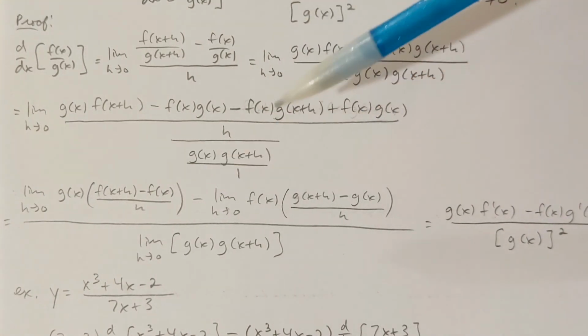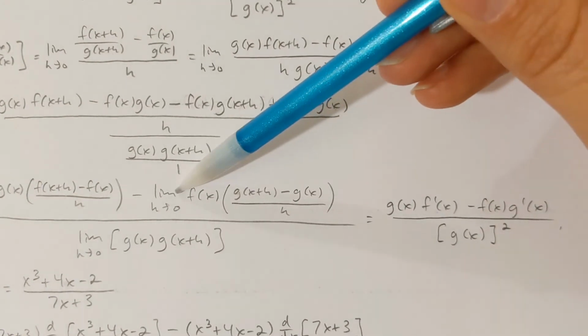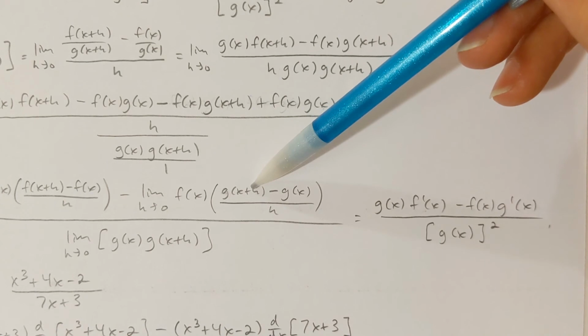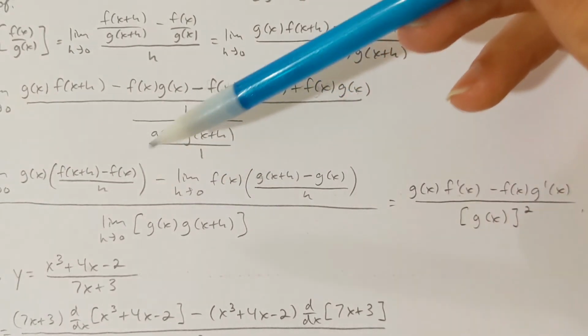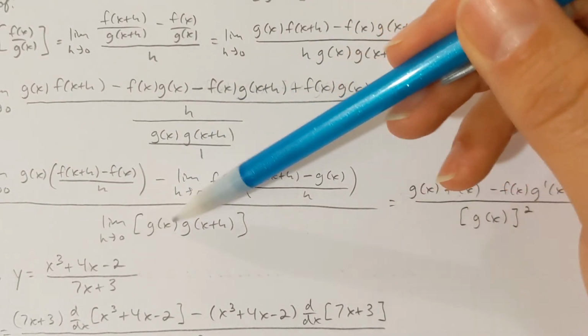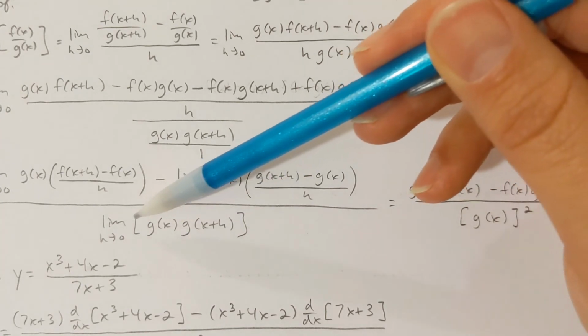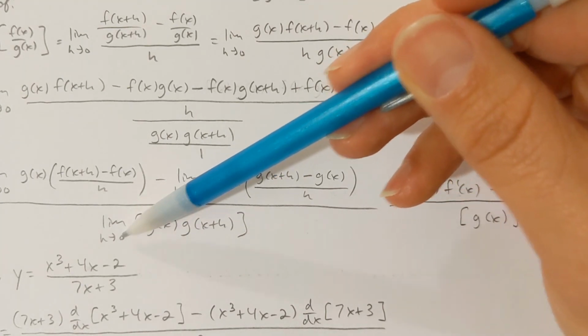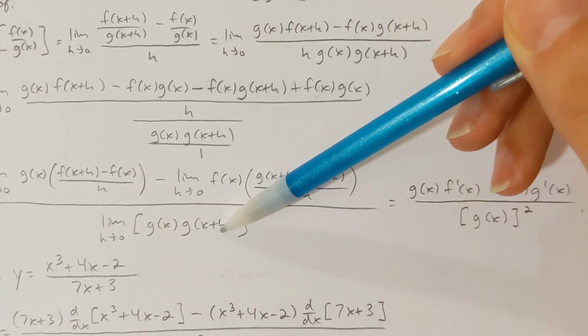And then minus the limit of a constant is always the constant, f of x, times the limit as h approaches 0 of g of x plus h minus g of x all over h. That would be, by definition, g prime of x. And then in the denominator, the limit of a product is the product of the limits, and the limit of a constant is always the constant, so you're going to have g of x times the limit as h approaches 0 of g of x plus h. You can plug h directly into that, and you get g of x.